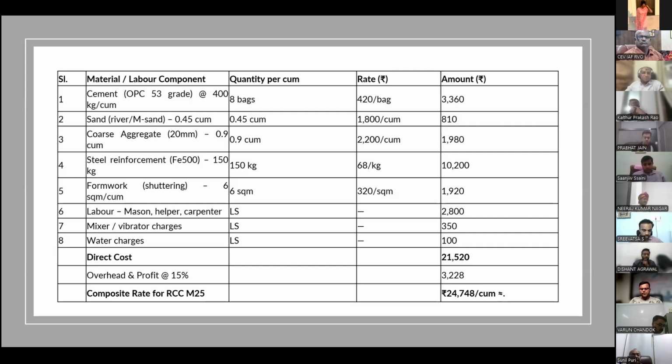If you are calculating it for cement mortar, as in the case of plaster, dry quantity, it is 1.2 cubic meter approximately.